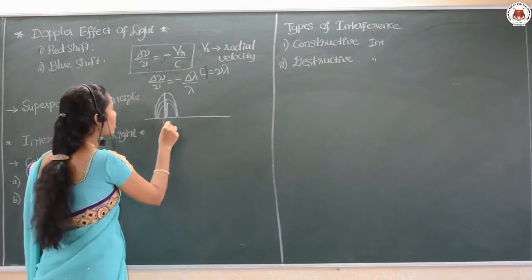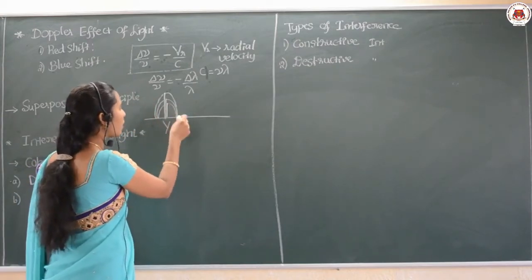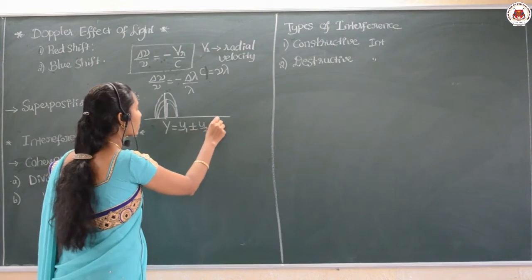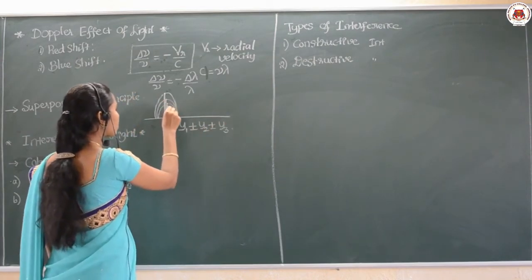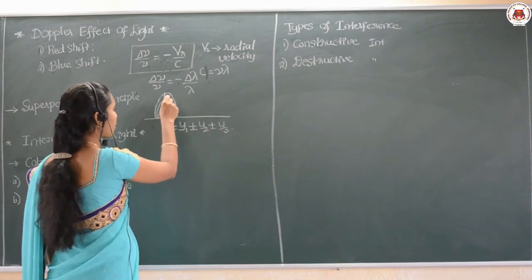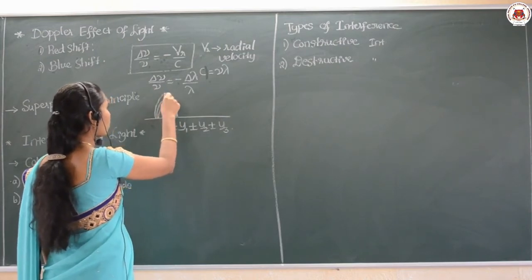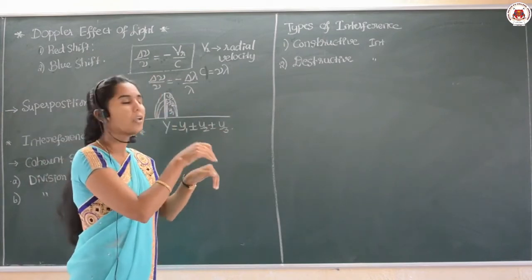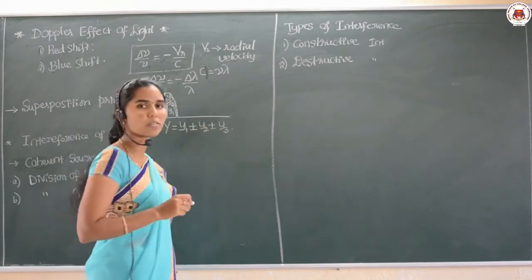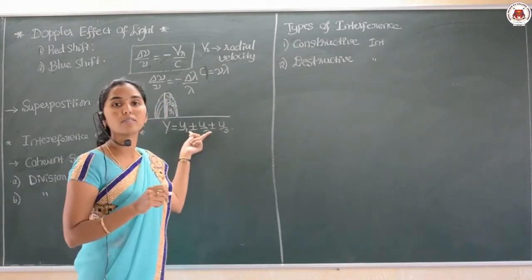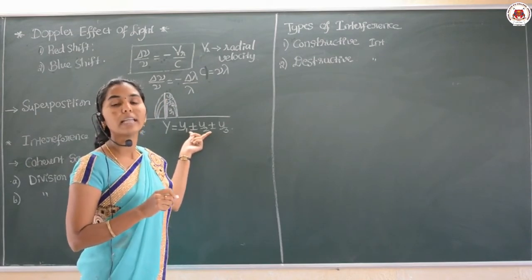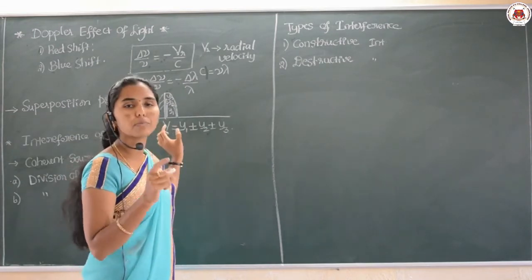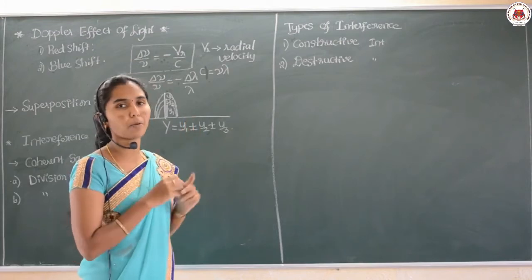Then the total displacement of the wave at a given instant can be given as the vector sum of the individual displacements. Y1 means the first wave displacement, Y2 for the second, Y3 for the third wave. Like this, however many waves are superposed, you can take the displacement of those waves, and the vector sum of the displacement of each wave in the superposition gives the total displacement of the wave at that given point.